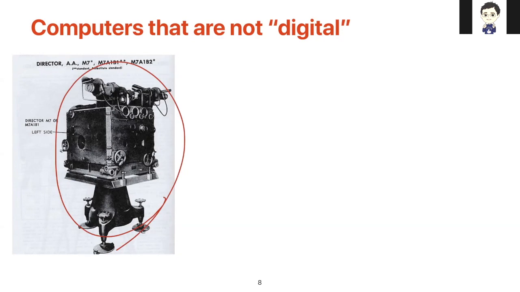This is still a computer because you give it some kind of instruction and it automatically does the job you assign to it. However, this really big computer is actually not a digital computer. It's an analog computer, in a way that it receives analog signals. And there were more analog computers at that moment.